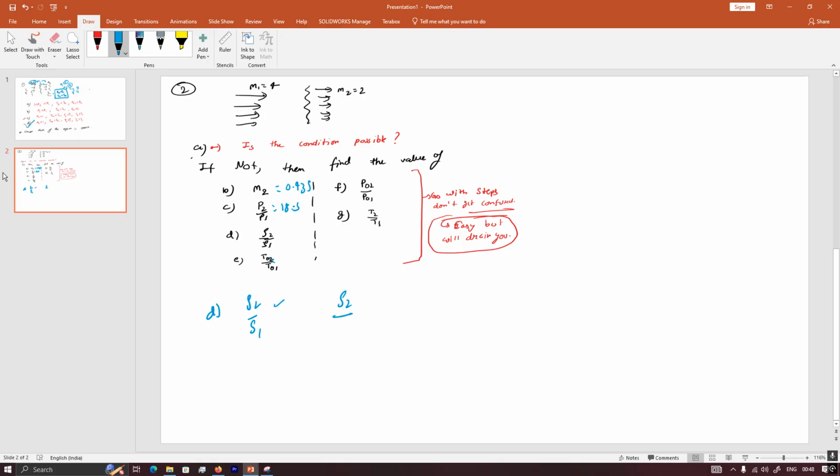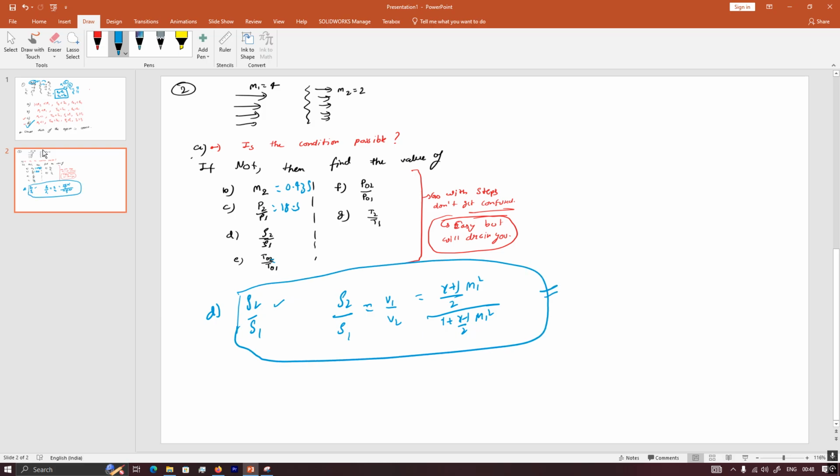We have a formula for rho 2 by rho 1 equal to v1 by v2, which is equal to gamma plus 1 upon 2 m1 square upon 1 plus gamma minus 1 by 2 m1 square. Okay, the first formula is this, and this term is equal to m characteristic square. You can remember it as this formula.